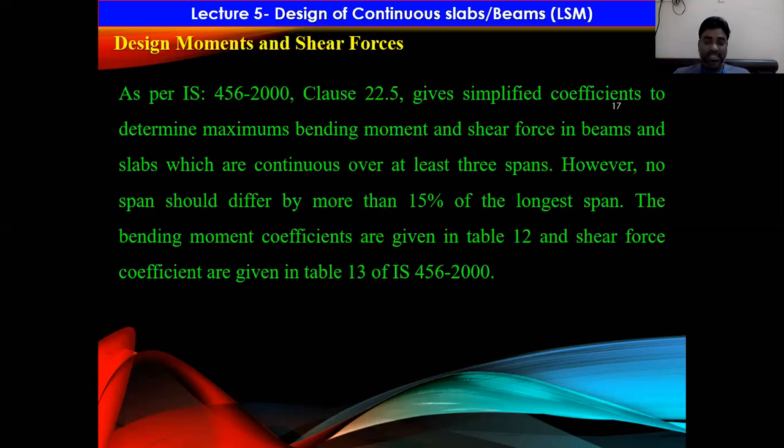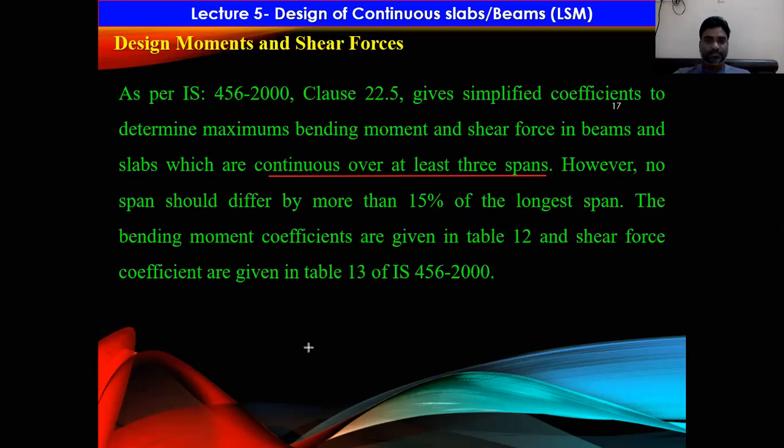But these values are applicable if the continuous beam has a minimum of 3 spans, right? The minimum number of spans for continuous beams or slabs should be 3, or more than 3. If it is 2, then this method is not applicable, right? The minimum number of spans should be 3.